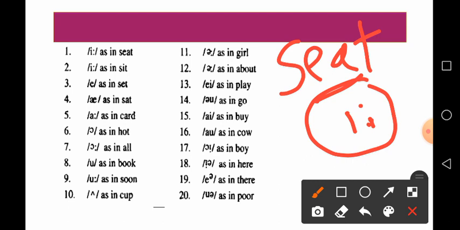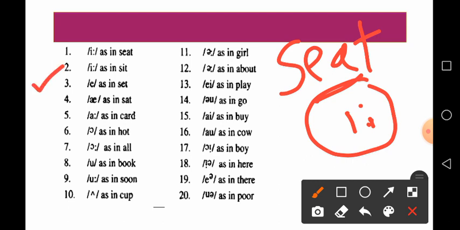So, how to differentiate a long vowel from a short vowel? A long vowel is pronounced with a slightly stressed sound, and a short vowel is pronounced without stress on the sound.